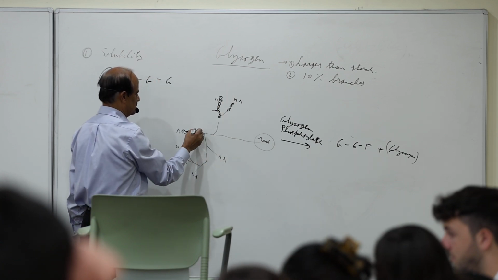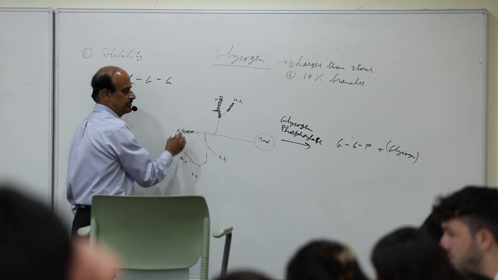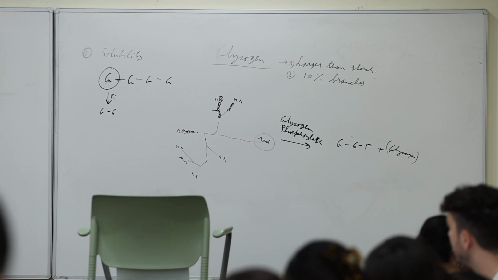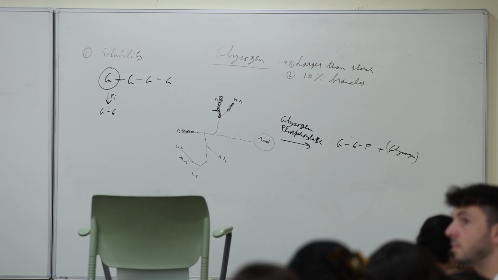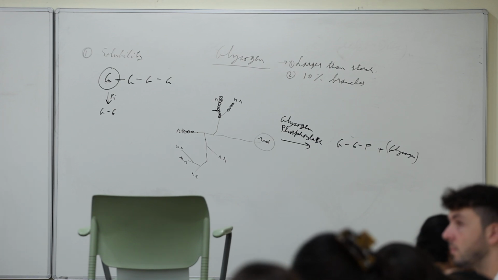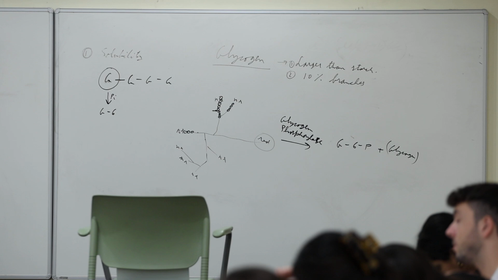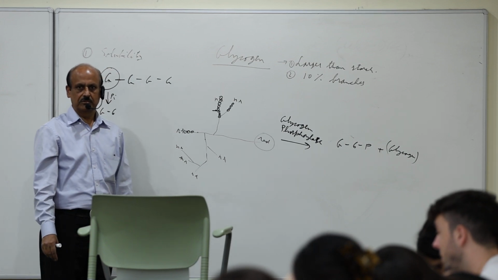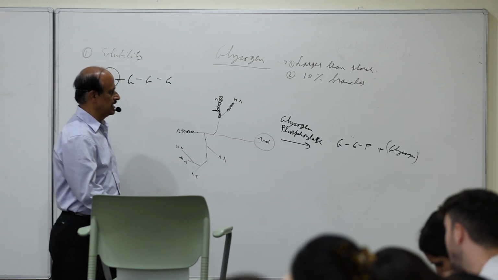That is true for digestion of starch also. The enzyme digests quickly up to that point and branch, and then another enzyme comes in and takes care of the branches, and then you get more glucose. That will be called the debranching enzyme.